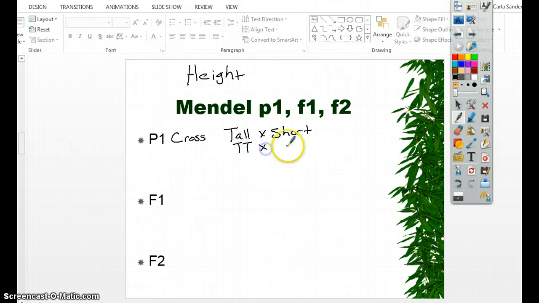There's those genotypes and the phenotype sitting there. This gave him his F1 generation. He then did the F1 cross, which gave him his F2 generation.